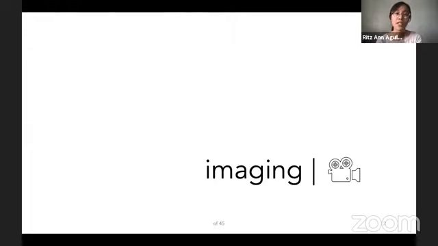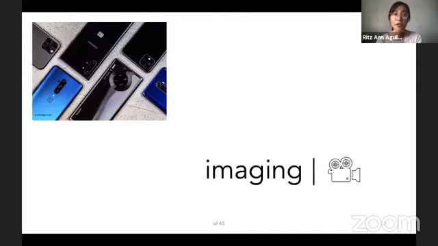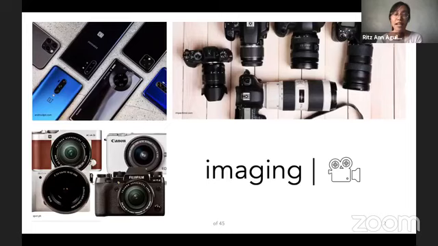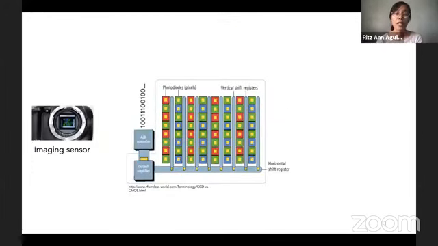When we think of the word imaging, what we usually have in mind is smartphone cameras or compact system cameras, also known as mirrorless cameras or DSLRs, right? So when we try to remove, for example, the lens in here, what we'll directly see is the imaging sensor, which is the one that's converting optical signal to electrical signal.